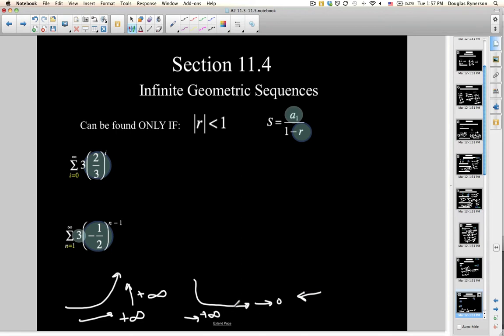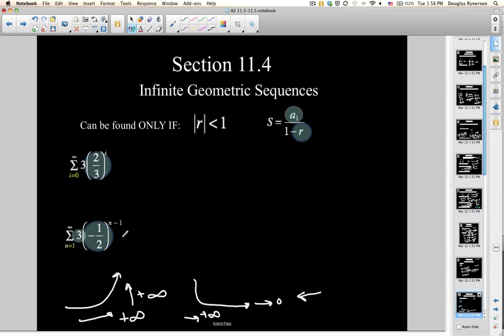To find out which situation we're in, we want to take a look at r, the common ratio. If the absolute value of the common ratio is less than 1, then we can use this formula: the sum of an infinite sequence is equal to the first term divided by 1 minus r.